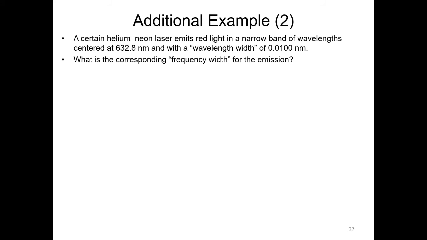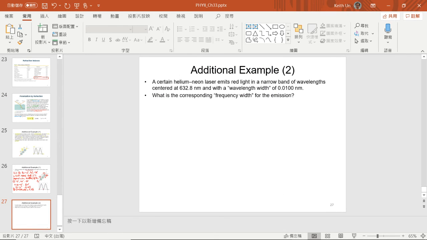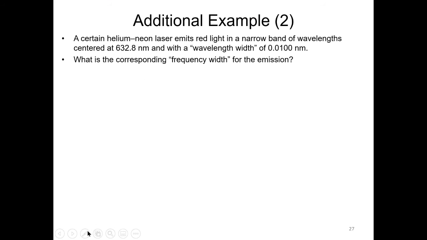Okay, so we have F equals C over lambda, or C equals F lambda. We know that C is a constant and F is a variable. Also, lambda is a variable related to F. So we may take the derivative on both sides.